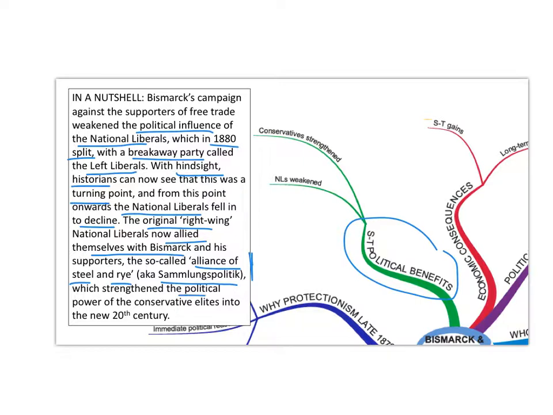It continued into the 20th century, and it's so crucial that when we eventually move into Weimar Germany and look at the rise of Hitler, absolutely instrumental in Hitler being made Chancellor of Germany in 1933, the alliance of steel and rye was a big factor behind that. Many of these men put Hitler into power. Okay, so that's why it's important.